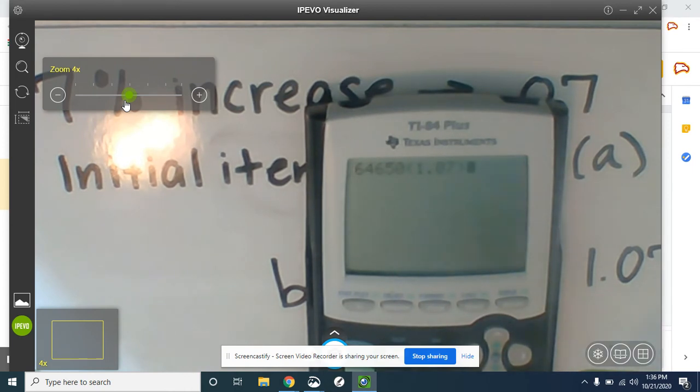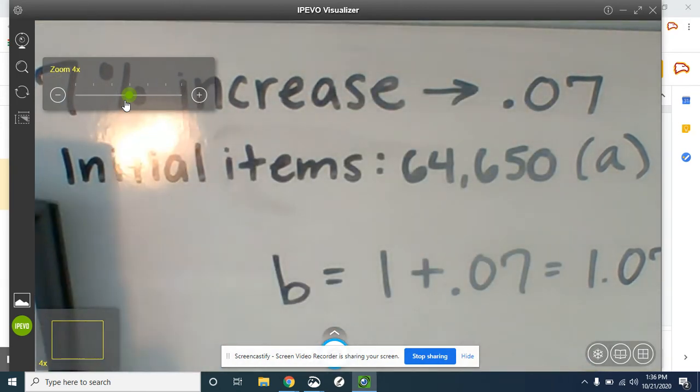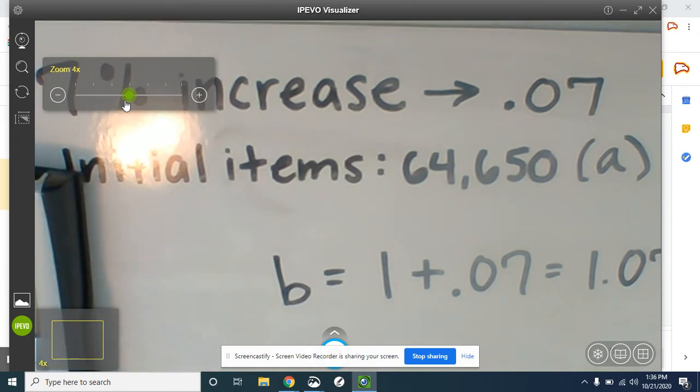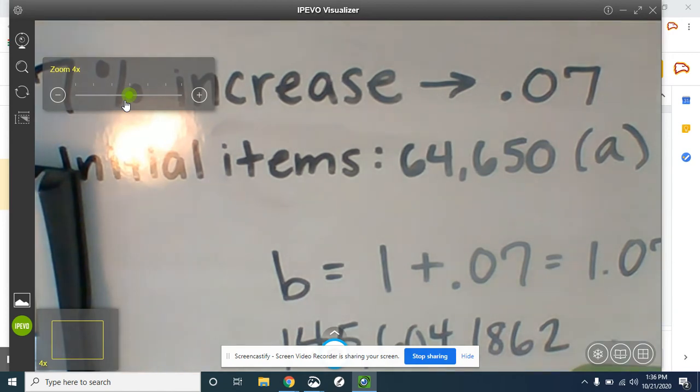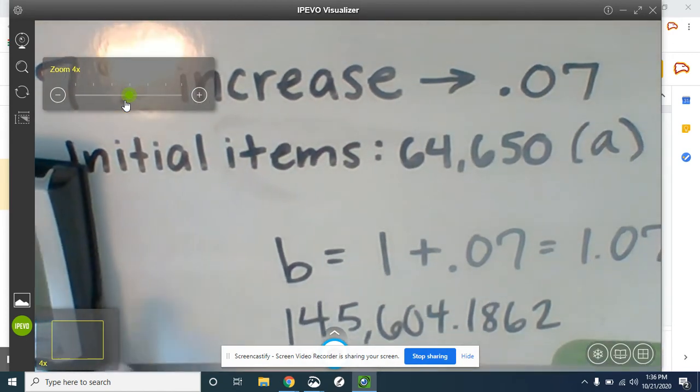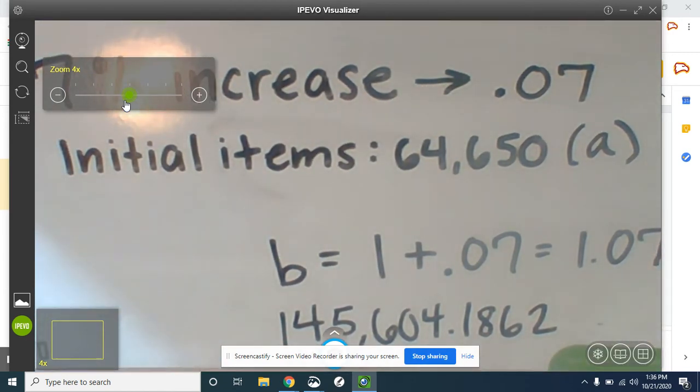And I'm going to raise it to the power of 12 because that's the number of months that have passed. And I'm going to write that number just in case you can't really see it that well. I got 145,604.1862. All right, so that's the decimal or the answer that I got.